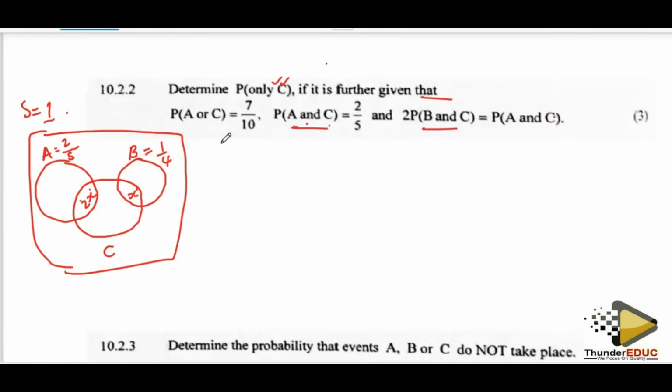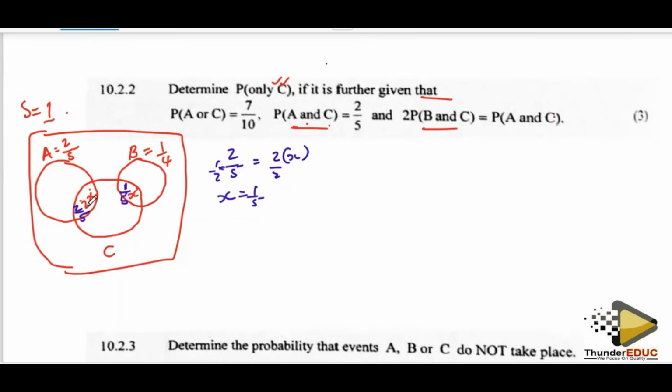So remember, A and C is 2 over 5. Must be twice the B and C, which is my X. So which means that this, I divide both sides by 2, which means my X is 1 over 5. Okay? So there is a 1 over 5 there. Then this will remain as 2 over 5, which is fine.